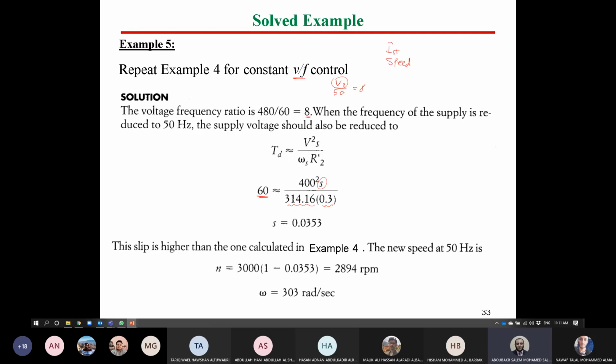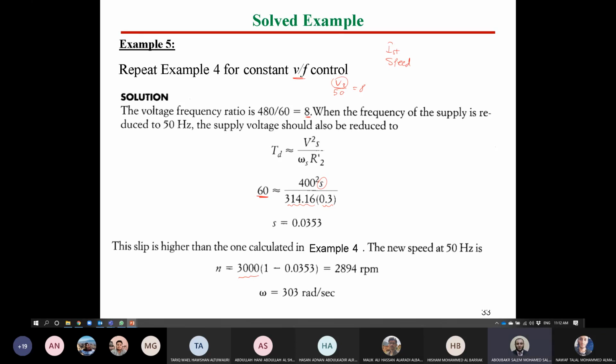As you can see, this is our new slip. In order to get the new speed, we take 1 minus S multiplied by the new synchronous speed. The new synchronous speed at 50 hertz is 3000, so 1 minus 0.035 multiplied by 3000 is 2894.